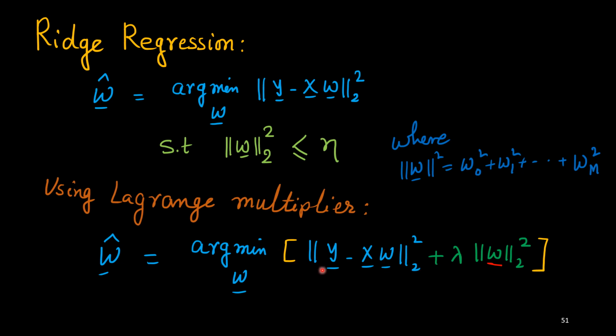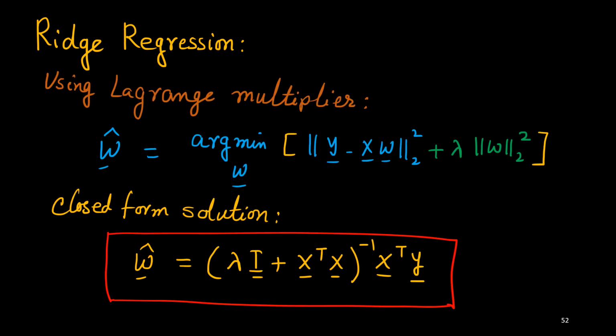Again, you can take the derivative with respect to the w vector, put it to a null vector, and solve for w cap. If you solve that, what you will get is a closed form solution. It is very similar to earlier, only this much change. It will become lambda I plus x transpose x, this whole inverse, times x transpose y. Okay, so this is the only change.